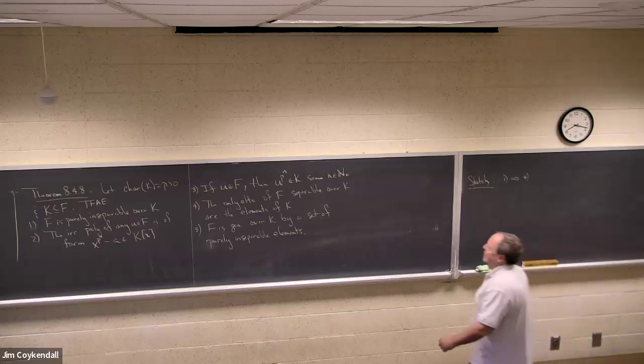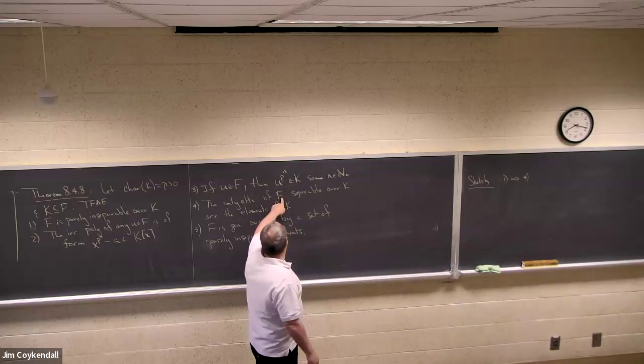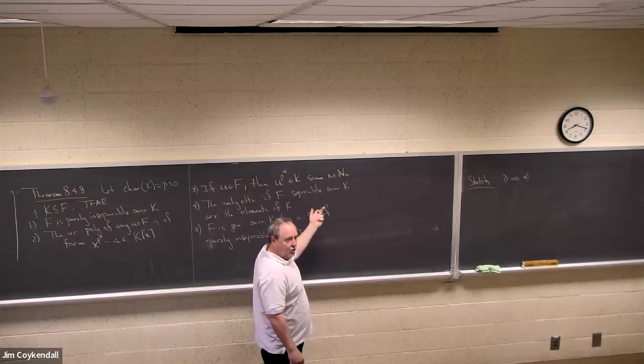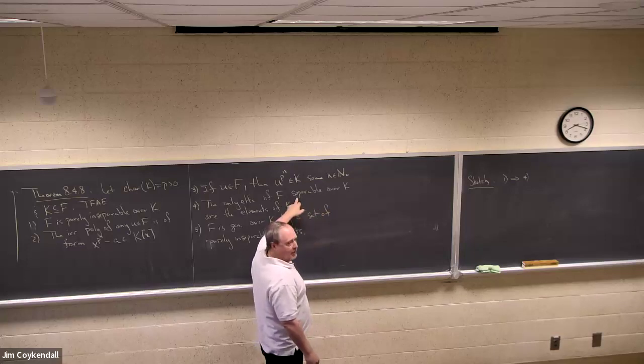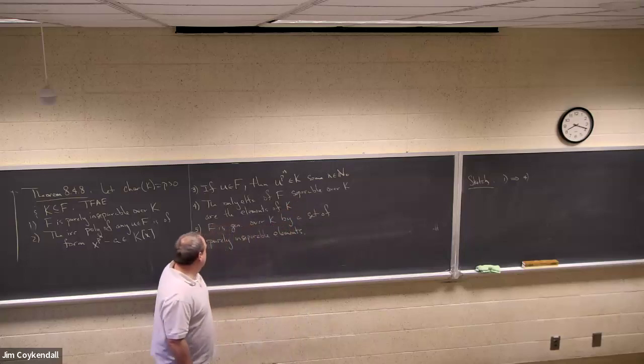Because suppose you have an element of F, and it's separable over K. Well, if it's separable over K and F is purely inseparable, that means its minimal polynomial has to be in the form x minus u to some power. But if it's separable, that means that power must be 1, which means that it's an element of K. Fine. Everybody okay with that?